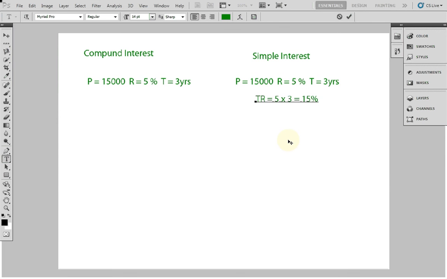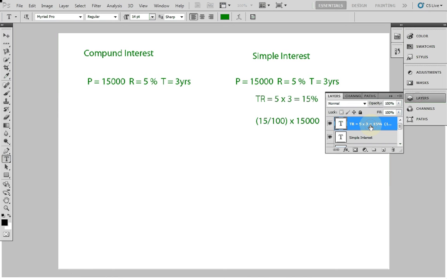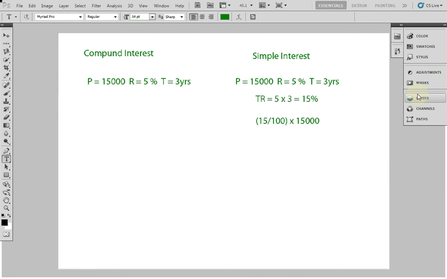So 15 by 100 into 15,000. These two hundreds cancel, and we will get 2,250. This is the simple interest here.